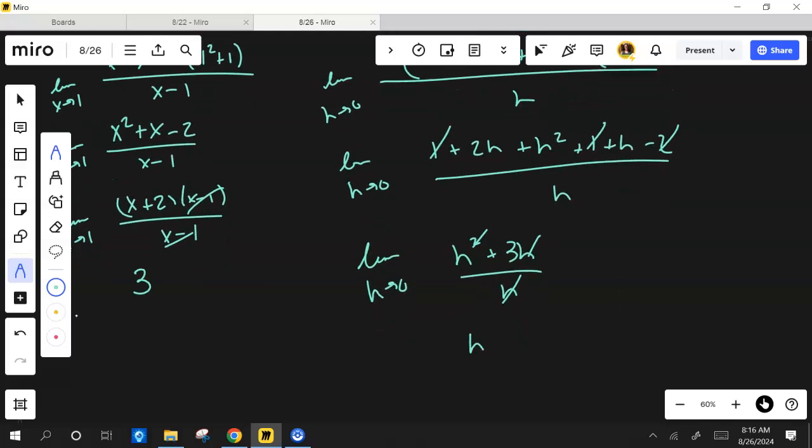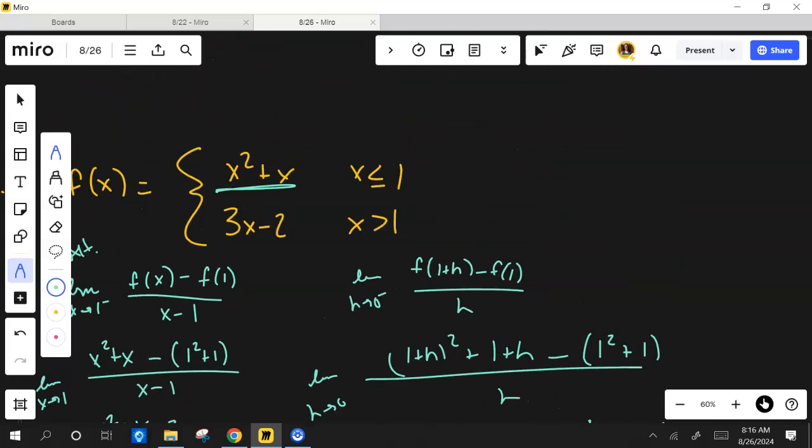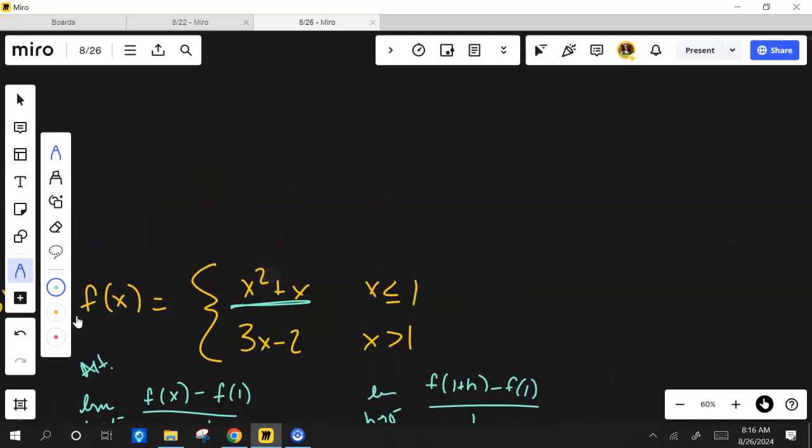I got h plus 3. So I get 3. I get the same thing. This is the same thing working 2 different ways. So whatever way you did it, if you use difference quotient or alternate formula, you got the same thing. But the question is, does that match the right-hand derivative, right? Alternate or difference quotient.